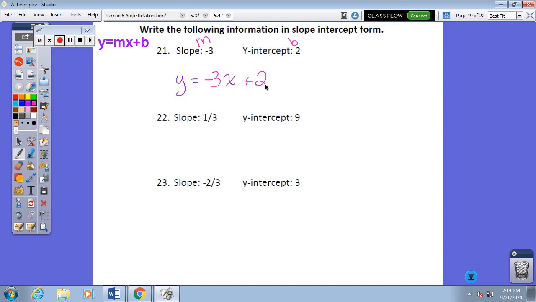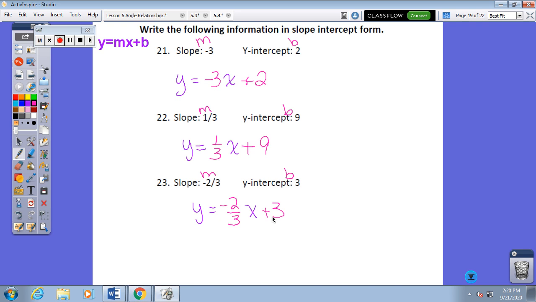So y equals mx plus b. Slope is your m, intercept is your b. So y equals 1/3 x plus positive 9. Again, y equals, label slope m and b, label them. So negative 2/3 x plus 30.